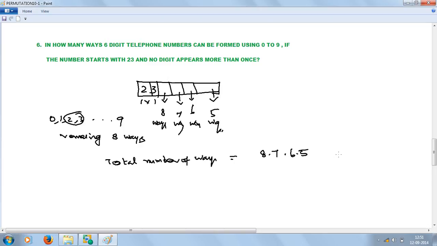That is equal to 1680 ways. 6 multiplied by 5, 30. 30 multiplied by 7, 210. 210 into 8 is 1680 ways.